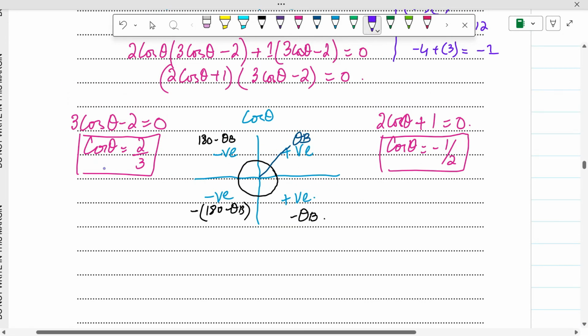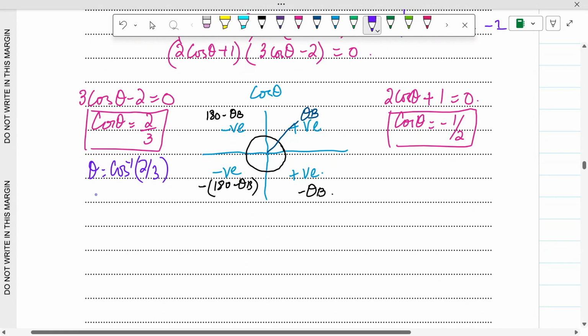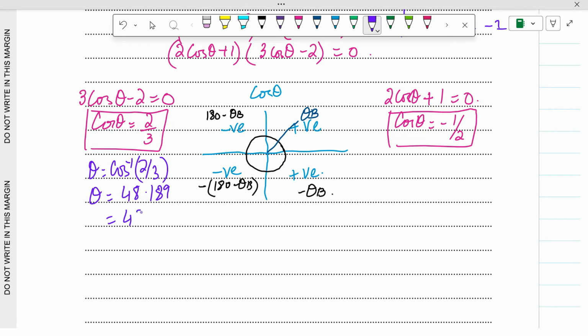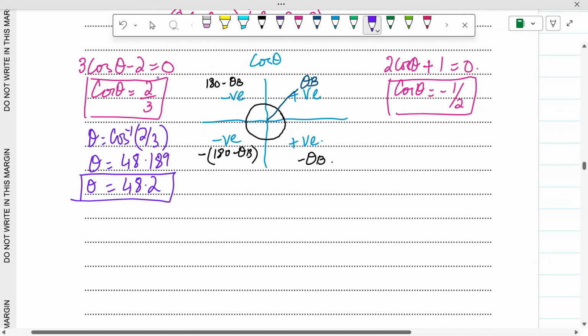Now first we solve this equation, which is theta is equal to cos inverse of 2 by 3, and 2 by 3 is already positive, so this value will have two angles, one in the first quadrant and the other in the fourth quadrant. By using the calculator, cos inverse of 2 by 3 is 48.189, and this is equal to 48.2. So this angle is already in the first quadrant, which is the base angle, and this value will have another angle in the fourth quadrant.